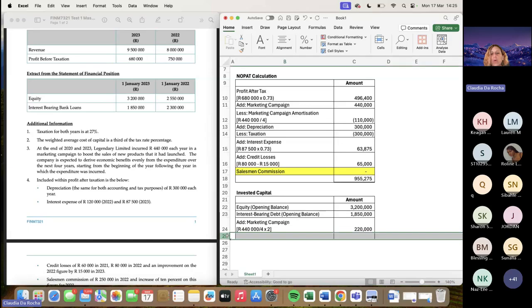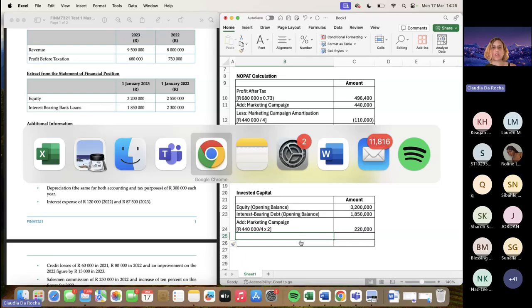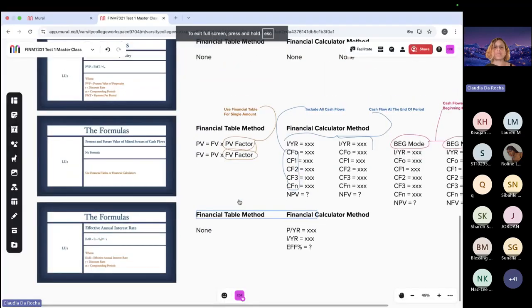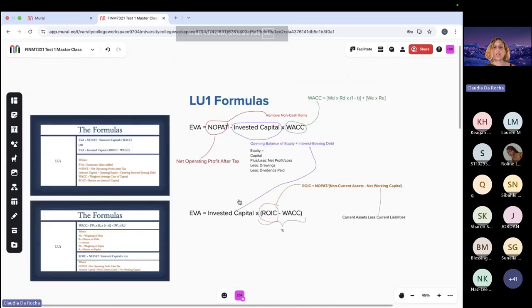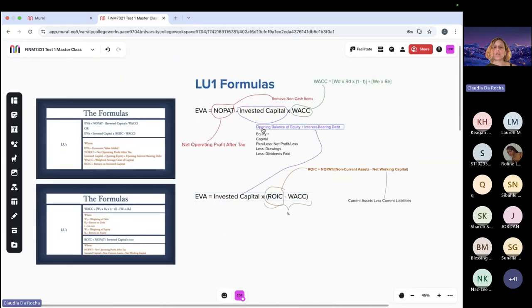Then the other thing we have to do is take into account the impact on equity. Remember when I was showing you on the whiteboard, I said we've got to remember how equity is calculated. It's capital plus or less net profit or loss, less drawings, less dividends paid. So any impact to net profit has an effect on my equity.